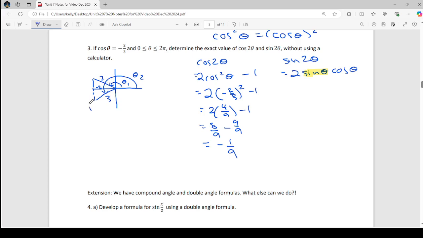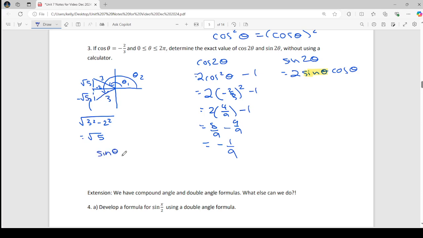And let's do a little Pythagorean theorem. This will be 3 squared minus 2 squared, which is the root of 5. So up here, if the angle's in quad 2, that side is root 5, like the y value. But if our angle's in quad 3, that side is the negative of root 5.